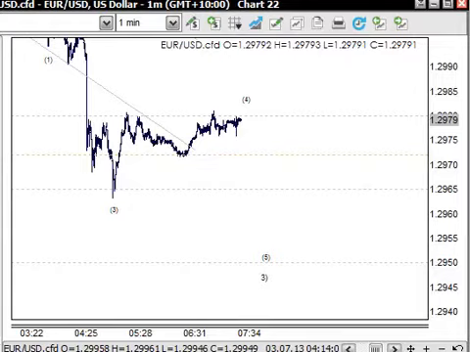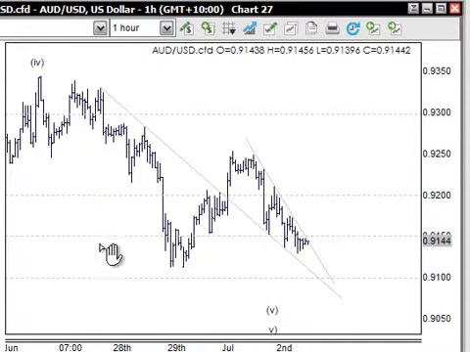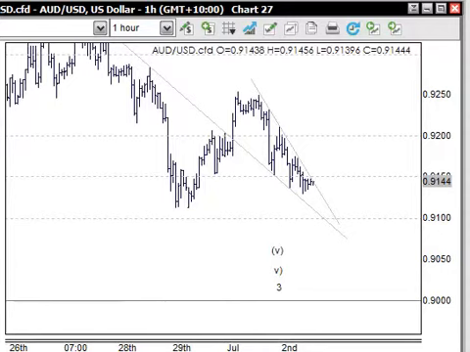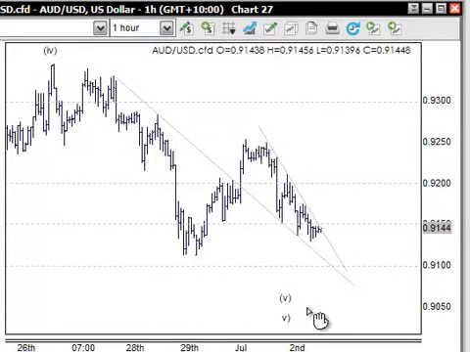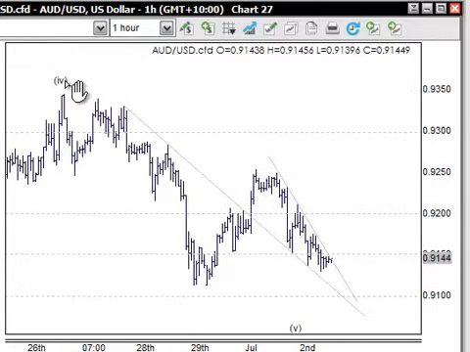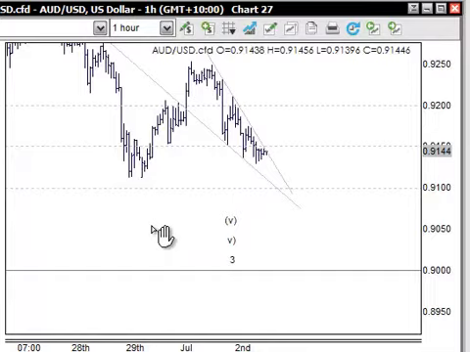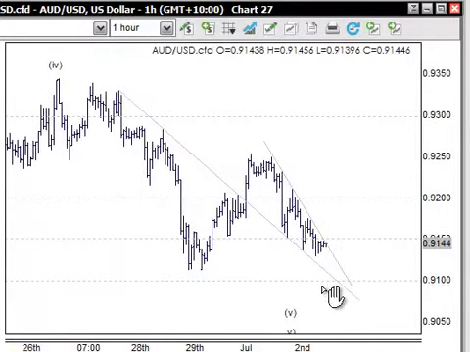The Australian dollar, we thought we may be having the bottom of wave 3 in place here. We don't think that's the case now. We think it's still coming down, and we'll be working from wave 4 here down to wave 5 here in an ending diagonal triangle.